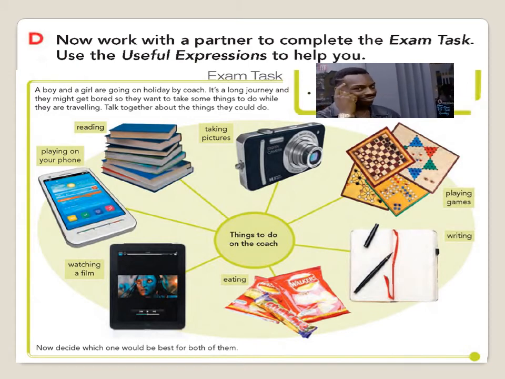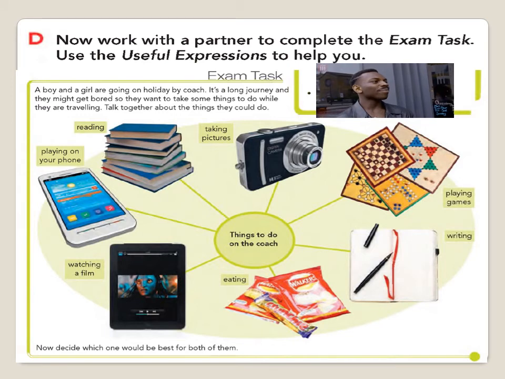Alright, so using the exam close up, the first thing you need to do is to talk about all the options given. Here we have watching a film, playing on your phone, reading, taking pictures, playing games, writing, and eating. All these are the things you can do on the coach.